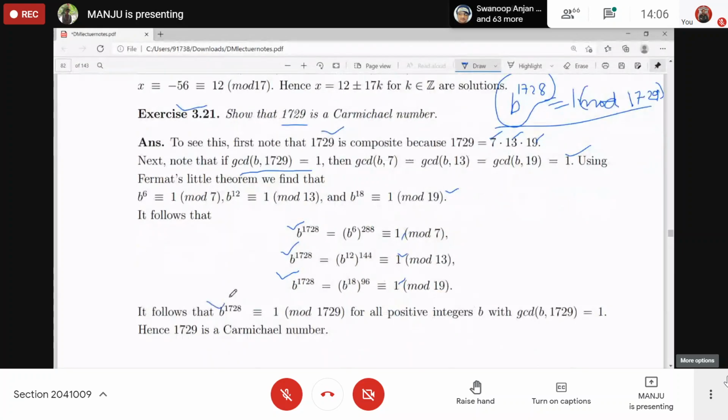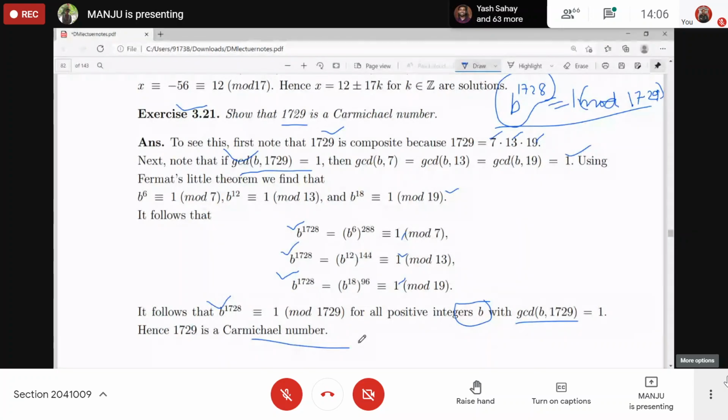So finally we got b raised to power 1729 minus 1, that is 1728, is congruent to 1 modulo 1729, for all positive integers, since we have taken b as arbitrary. So it is true for all positive integers which have GCD 1 with 1729. So we are satisfied with the definition of a Carmichael number. That's why it becomes a Carmichael number.